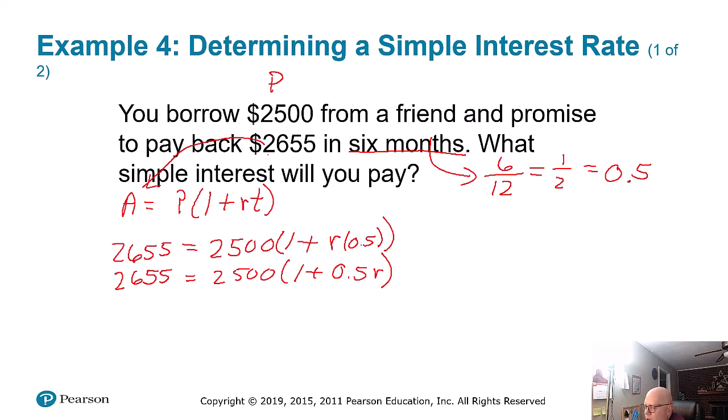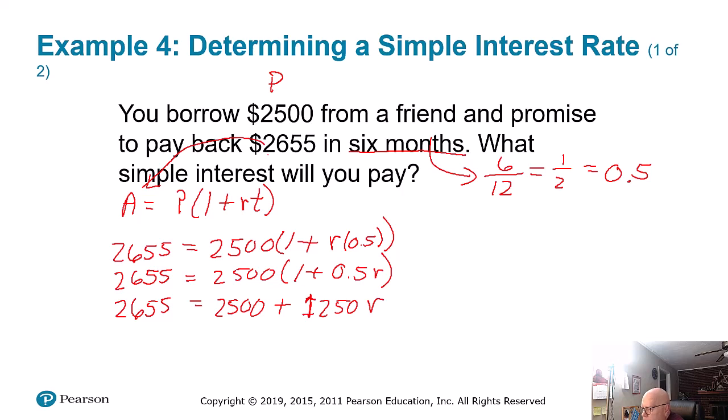Now remember your equation skills, your algebra skills. 26.55 equals, we need to distribute this 2,500 over the two terms inside the parentheses. 2,500 times 1, okay, got that, 2,500. Now the 2,500 times 0.5, we'll have 1,250 R.